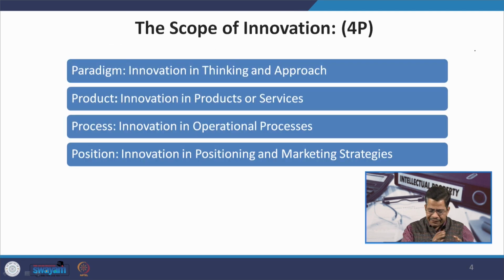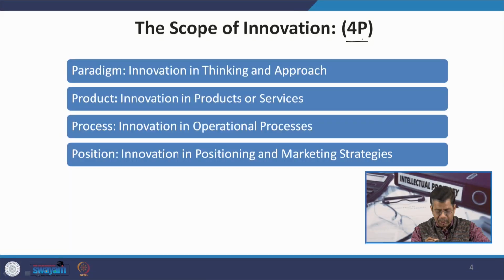So, after this, we understand what is the scope of innovation in my organization. The scope of innovation is possible with these 4P formula. In this 4P formula, first important P is paradigm.